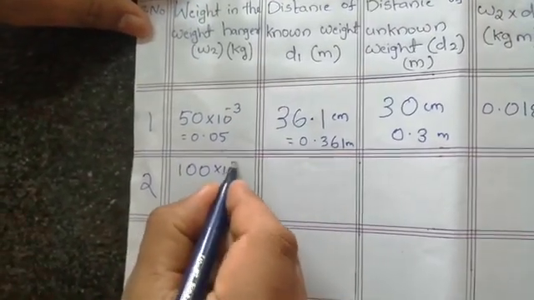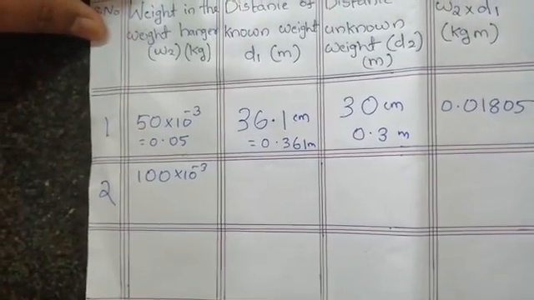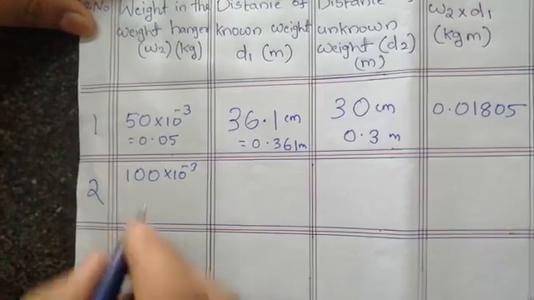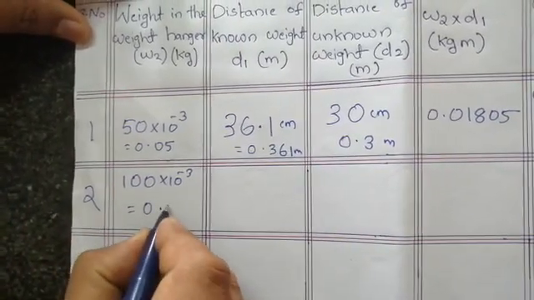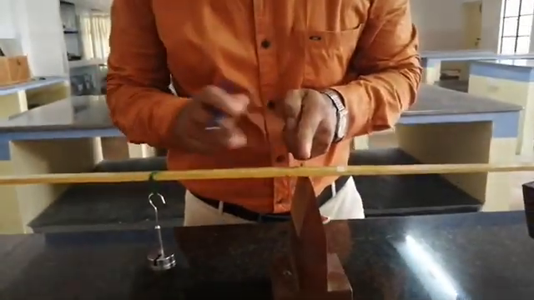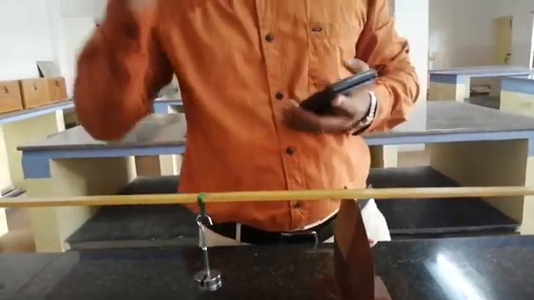Converting this into kilogram, divide by 1000 so that you will get 0.1. Distance of non-weight. How to find the distance of non-weight? From the point of rotation to this point. This point I can read as 69.6.